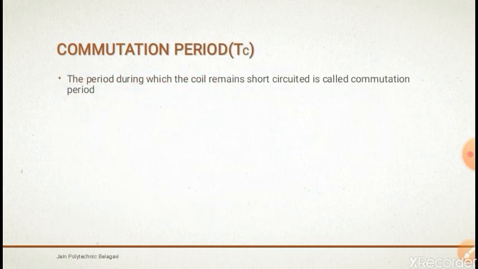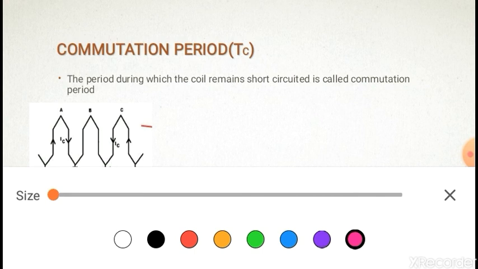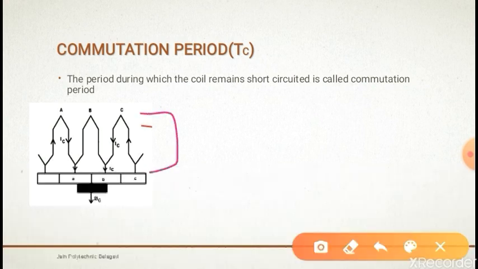The next concept is about the commutation period. The period during which the coil remains short circuited is known as the commutation period. To understand the commutation period, I have considered a small part of machine winding, and I am mainly concentrating on this coil B. This is the armature winding, this part is the commutator, and this is the brush.